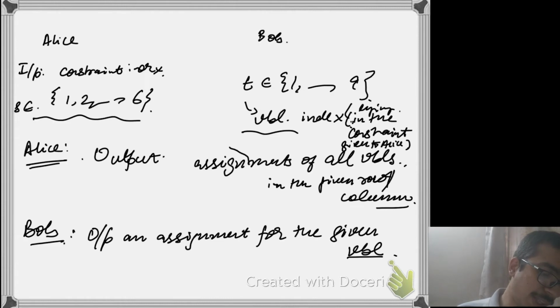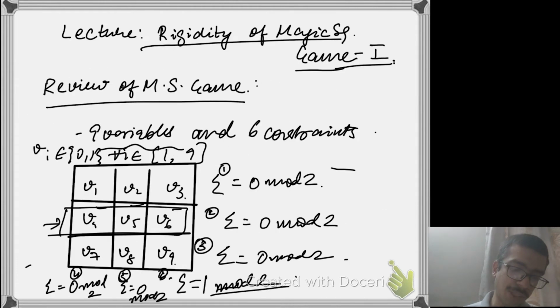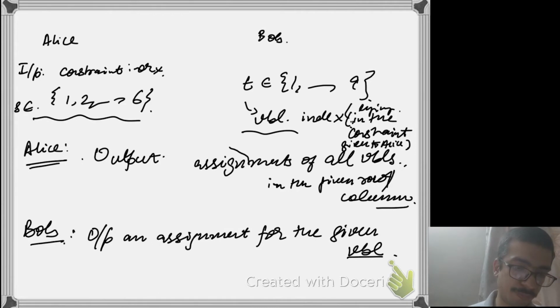So, for example, if Alice is assigned constraint 2 and Bob is assigned the variable V4, since both of them are outputting the value of V4, both of them should give a consistent assignment. It should not be that Alice says V4 is 1 and Bob says V4 is 0, or vice versa. Both of them have to give a consistent assignment to the variable V4.